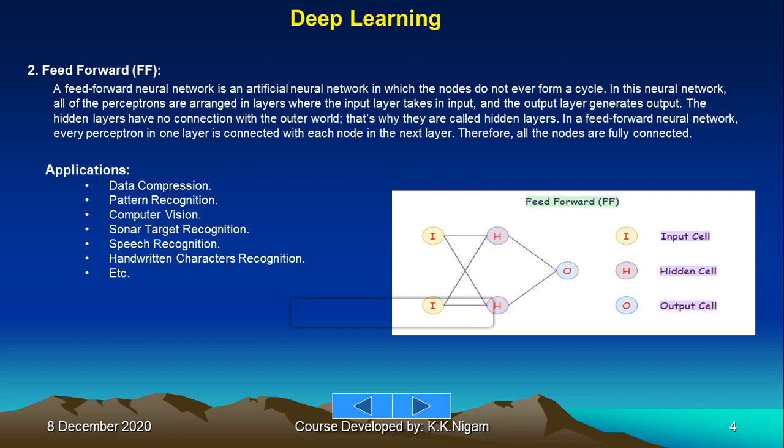That is why they are called hidden layers. In a feed-forward neural network, every perceptron in one layer is connected with each node in the next layer. Therefore, all the nodes are fully connected. Applications in this are data compression, pattern recognition, computer vision, sonar target recognition, speech recognition, handwritten characters recognition.